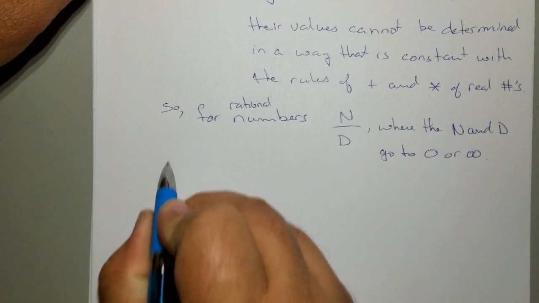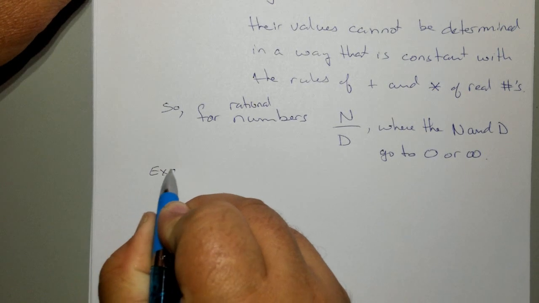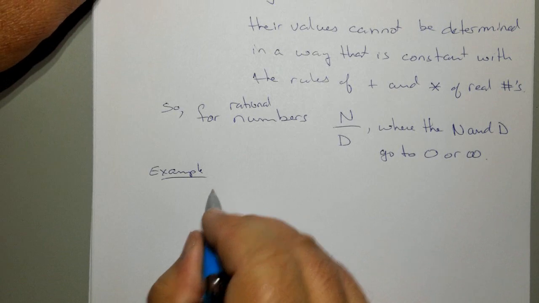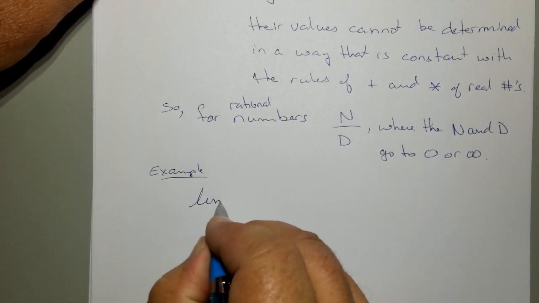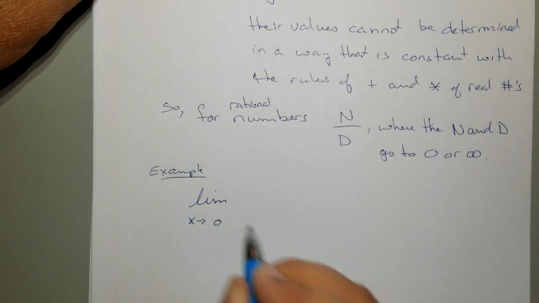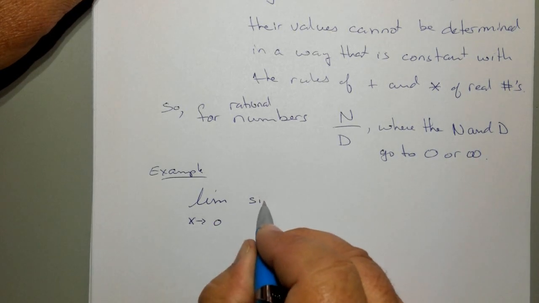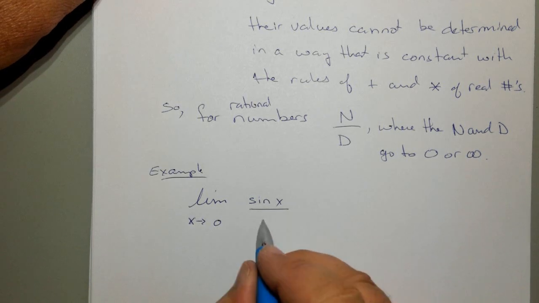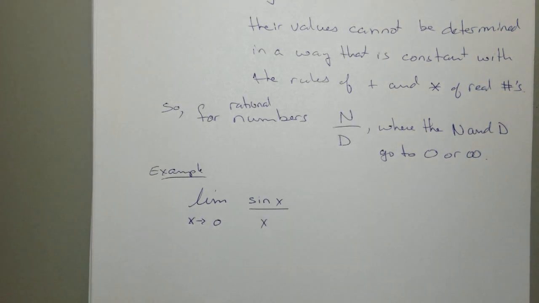For example, the limit as x approaches 0 of sine x over x.